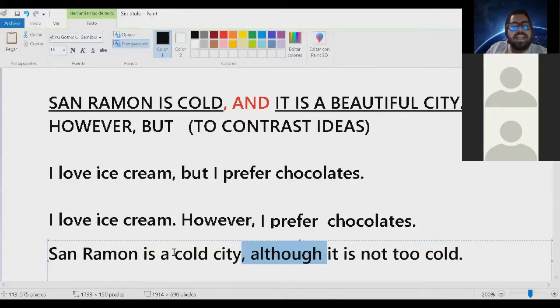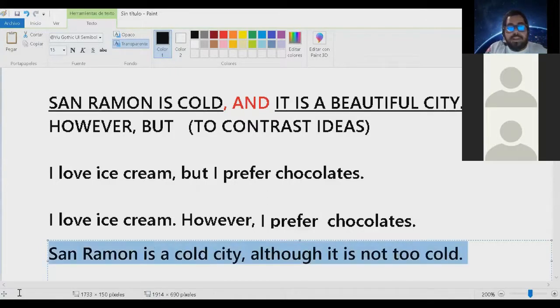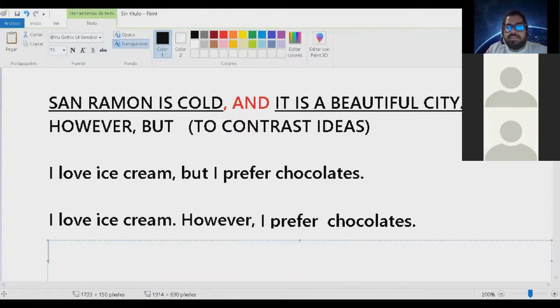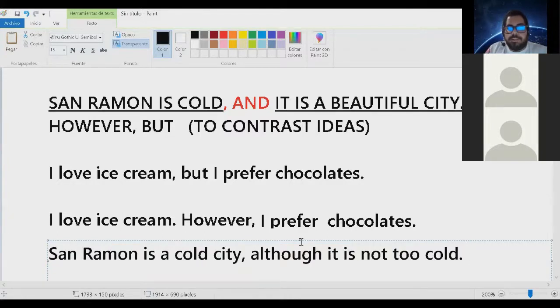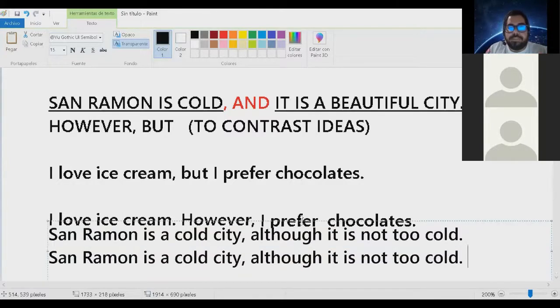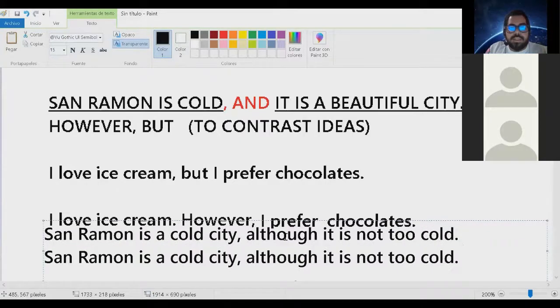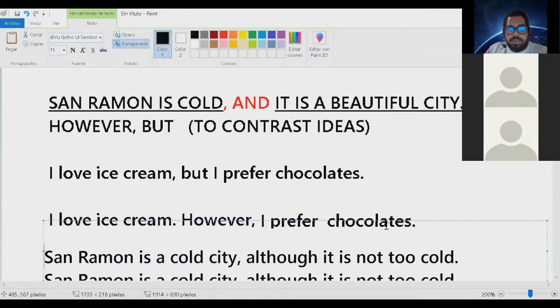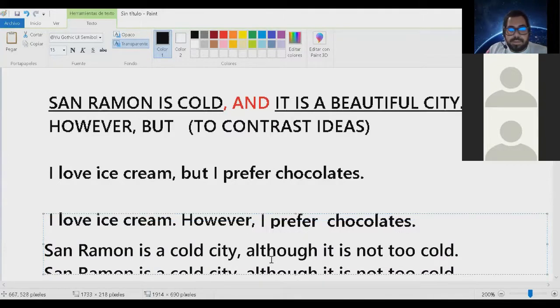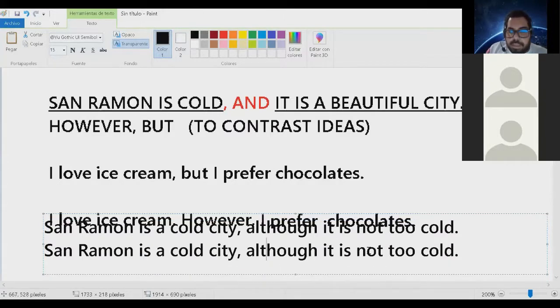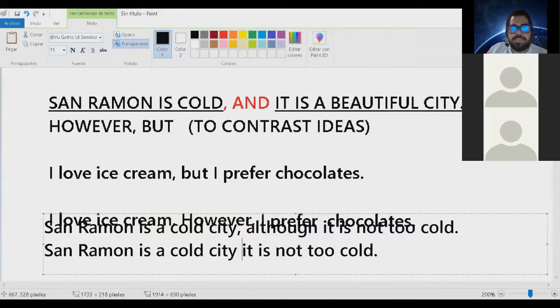So look at that, guys. Although. ¿Cuál es la estructura que viene en el libro, guys? Something similar like this. Let me write it here too for you to see the two structures. Let me do it like in the book, guys, over here for you. As in the book, guys, comes something like this.